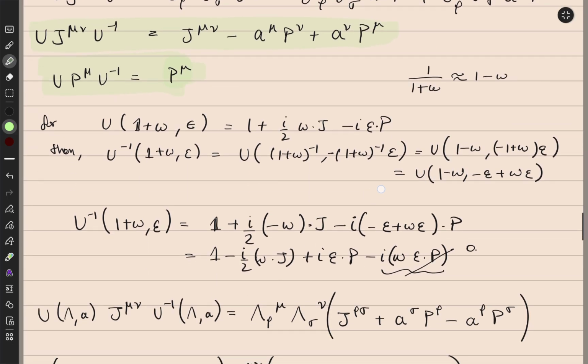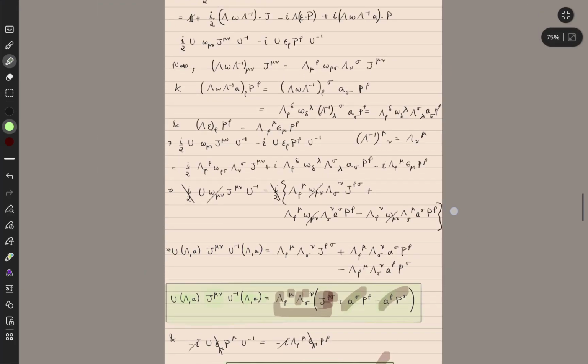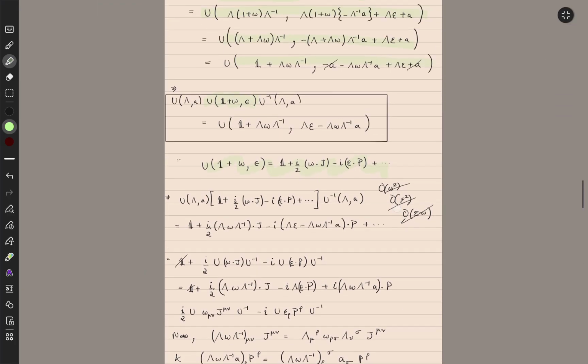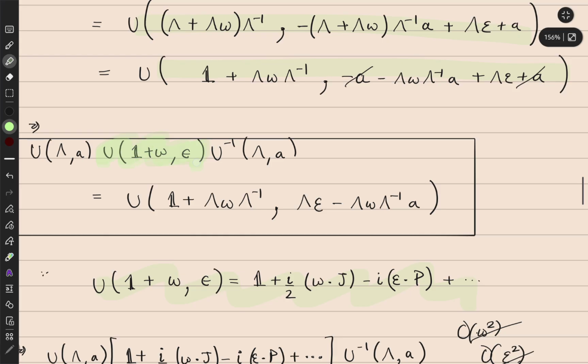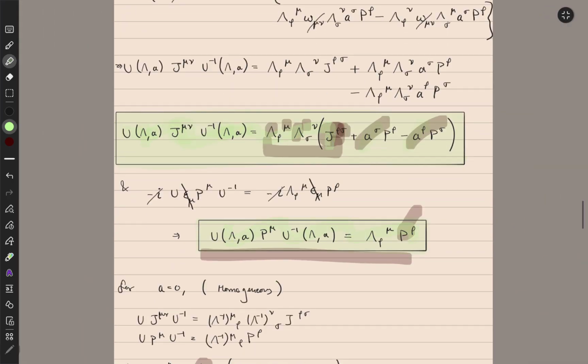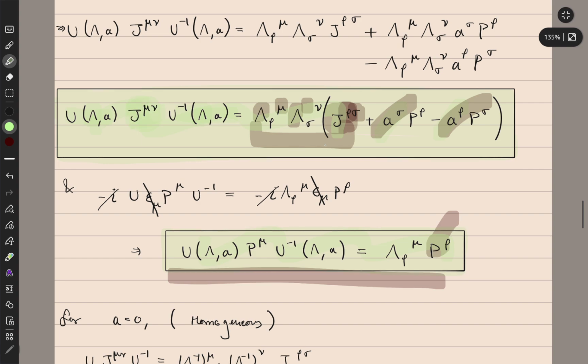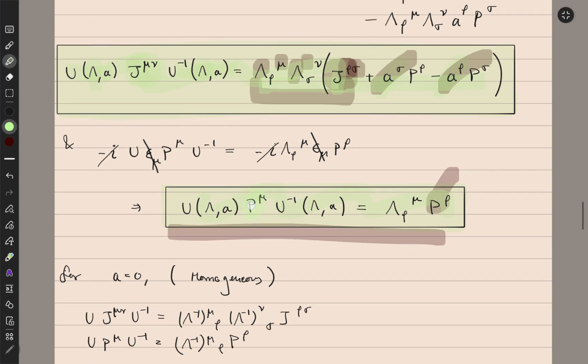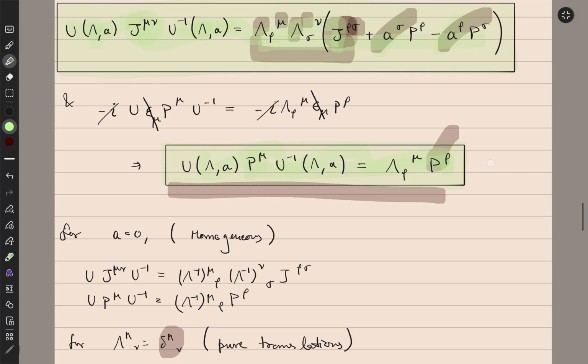Okay, for the next part, we will use this property again, but what we found is these two: the way J mu nu transforms in general and the way P mu transforms in general. Now in place of these lambda and A, we will use infinitesimal generators again, as in we will put lambda equals 1 plus omega again.